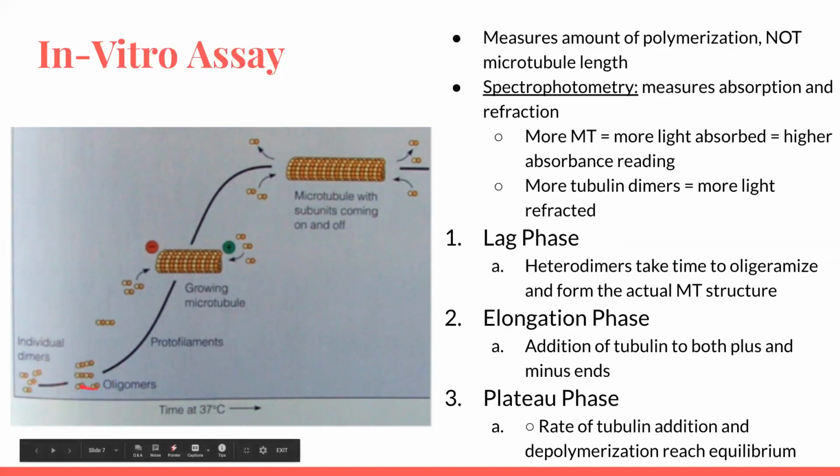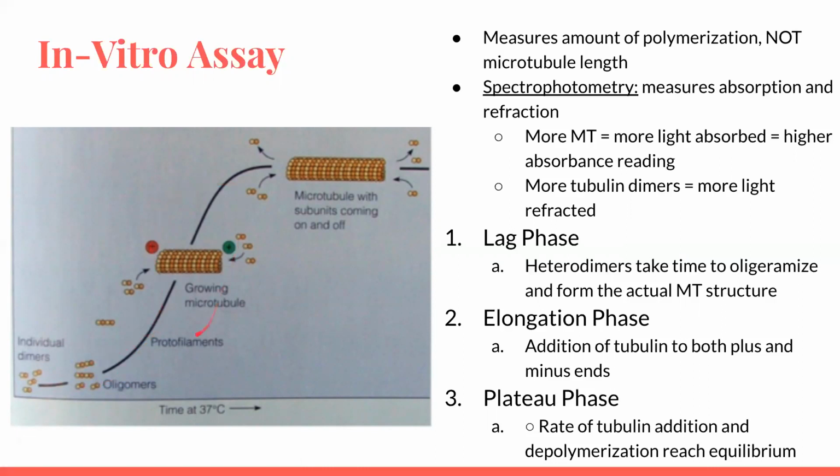This takes some time because they have to float around in the test tube and bump into each other in order to form. That's why it's called a lag phase, because this takes one of the longest times before it actually starts doing anything.